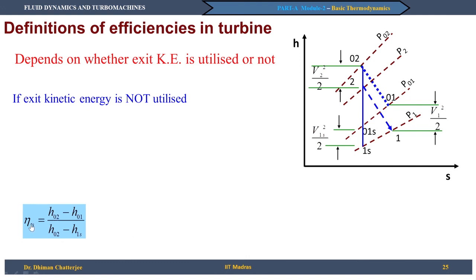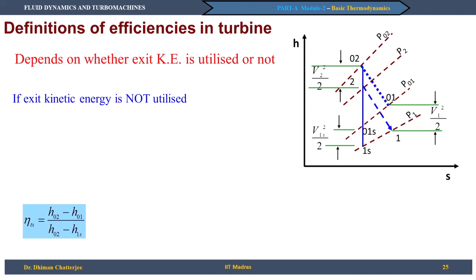and this is given as eta Ts, which is (H02 minus H01), because that is the actual energy available to the turbine, whereas the ideal world will say that ideally there is no energy coming out of the fluid, and hence ideally the fluid should have come out at H1s, and hence the energy that should ideally have been available is H02 minus H1s, because the fluid should not have left with any kinetic energy.